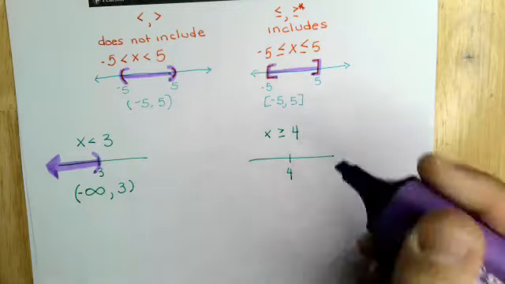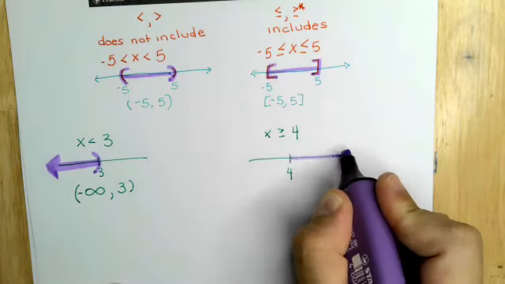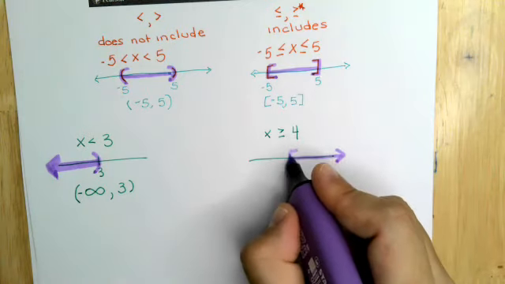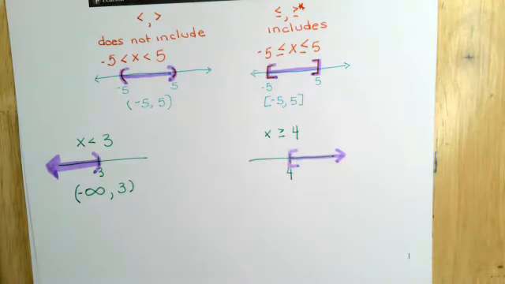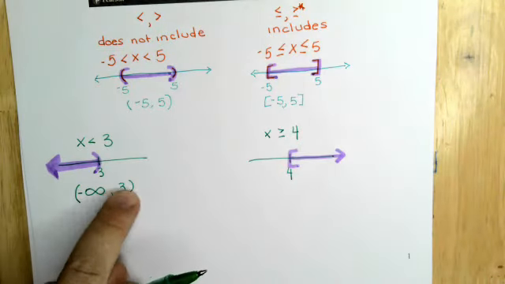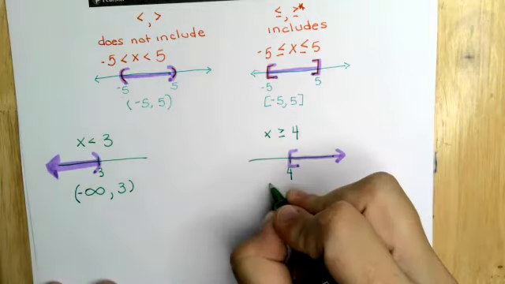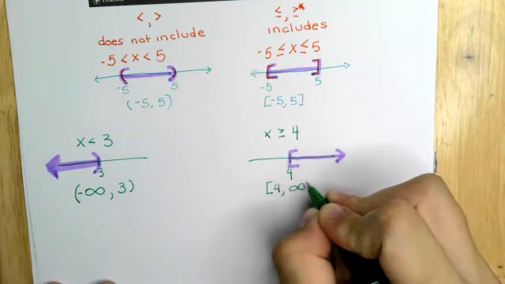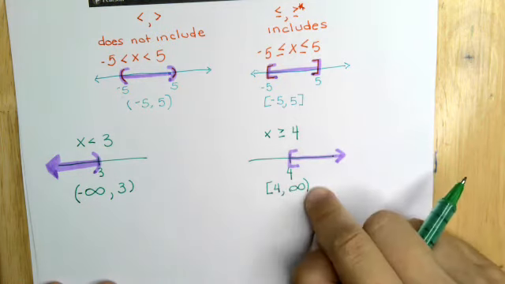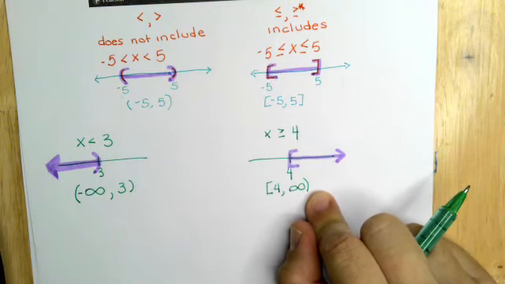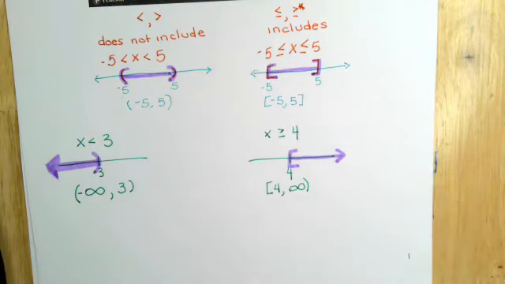Greater than 4 means my arrow is going to go towards 5, right? It includes 4, so I need the bracket. And just like this was negative infinity to 3, now we're going to start at 4, include 4, and go to infinity. Infinity is forever, but it gets a parenthesis. It does not get a bracket. Okay. So now you know 3 ways to talk about inequalities.